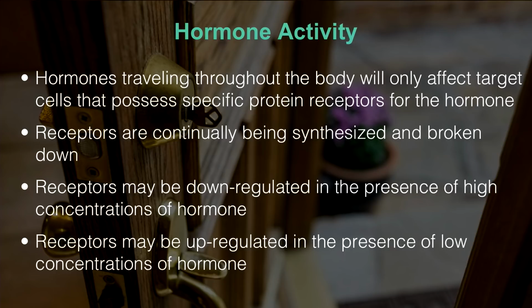Similarly, depending on the hormone and depending on the receptor, if there's supposed to be a certain amount of hormone in the blood and it's not apparent, target cells can increase the regulation and the production of receptors, making it more likely that if you even see a drop of that hormone, that signal will be conveyed.